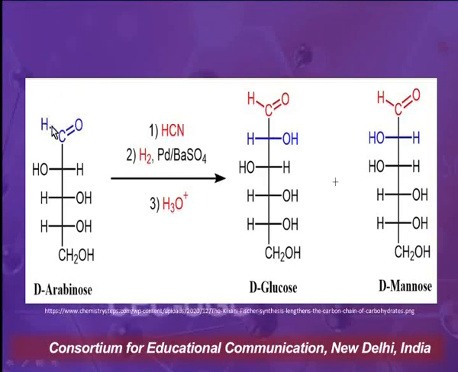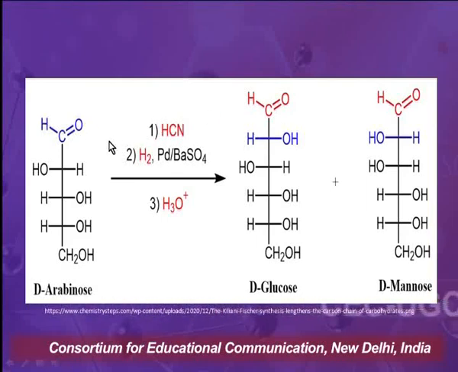And since the structure here is planar, the CN can attack from either side of the planar carbonyl group, and we get two isomers here. Overall, the reaction will be the addition of a water molecule, that is, an OH will add here and H will add here, and we are converting this into an OH group, and then this is being converted into the next group, that is the CHO group.